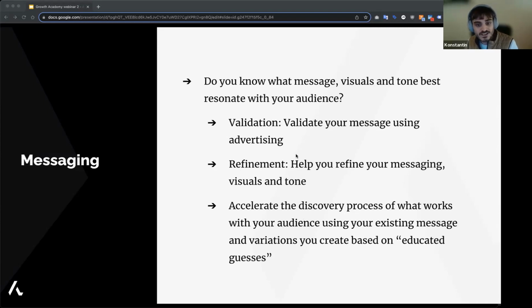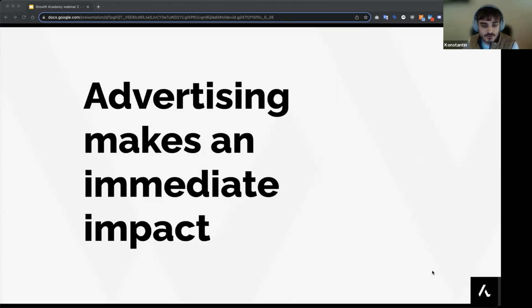So we accelerate the discovery process of what messages work, and that way we can make educated guesses. So by testing more variations, it opens more opportunities for us. And by doing these tests and variations, we get immediate impact.